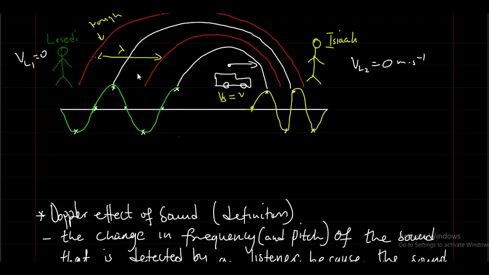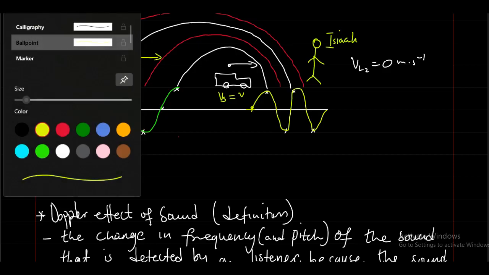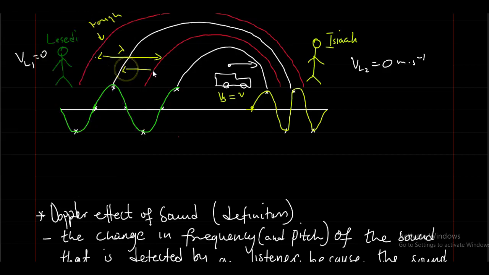This is the wavelength, and also from this crest, in here we also have the wavelength. You notice that Isaiah is observing a wave which has a shorter wavelength, and Lesedi is observing a wave which has a longer wavelength, right?